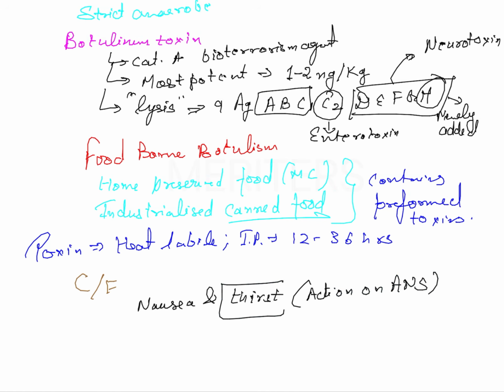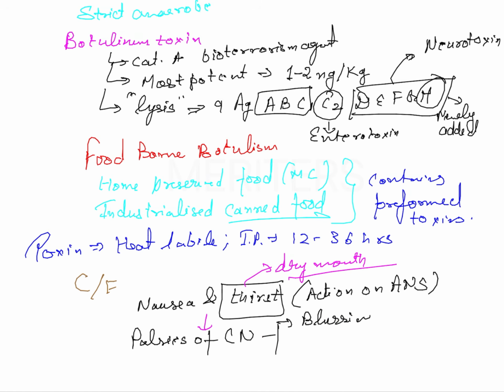And if you see this thirst, that means dry mouth, and this is the second keyword given in this question. Then the palsies of cranial nerves will come, and due to those palsies there will be blurring of vision, or there can be diplopia, another very important keyword given in this question, and that will help you solve this question.